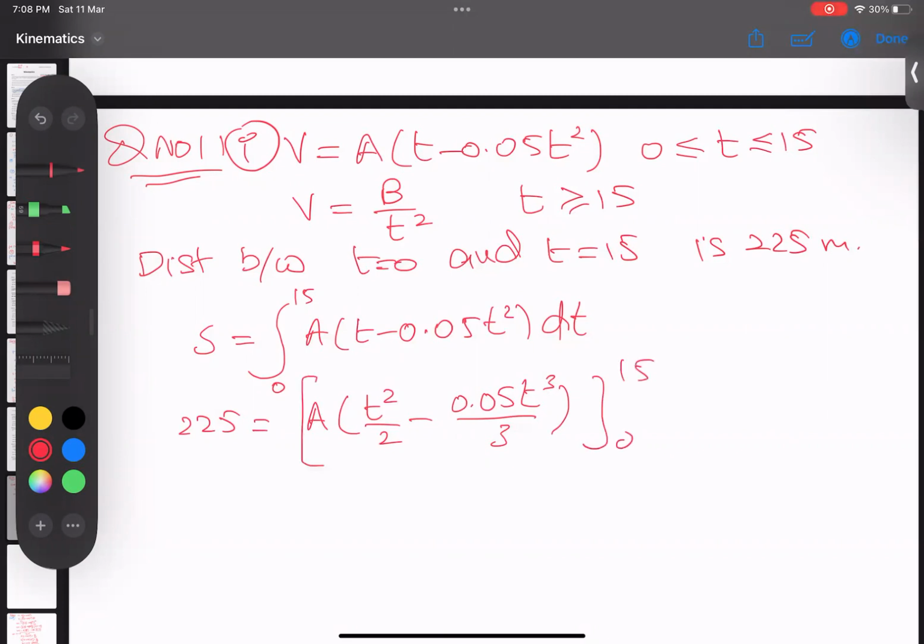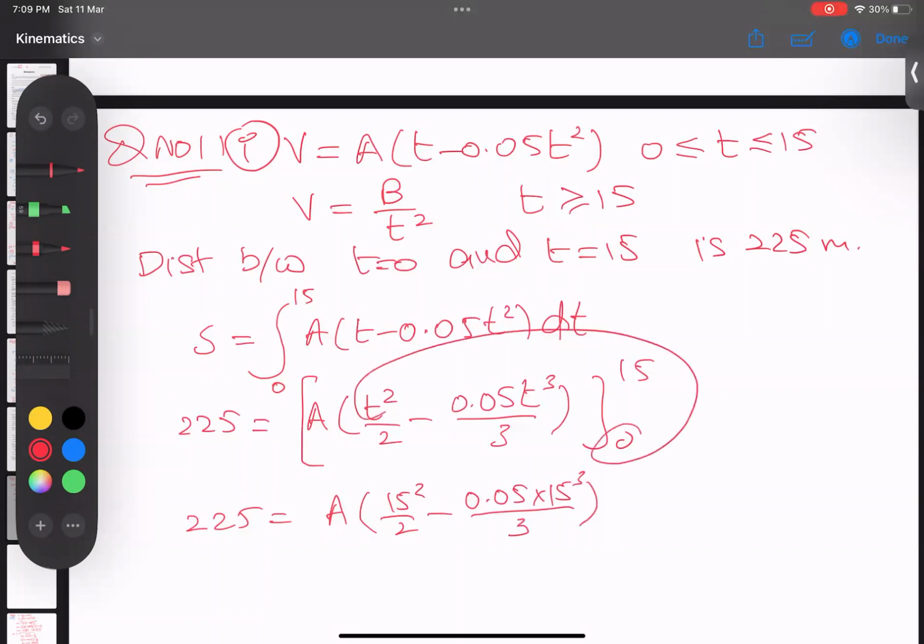Now I can bring this constant out of the bracket or inside, no issue at all. Let's start. Replace t with 15 everywhere: 15 squared by 2, minus 0.05 into 15 cubed by 3. This is called the upper limit. Minus the lower limit 0, since 0 to any power is 0.